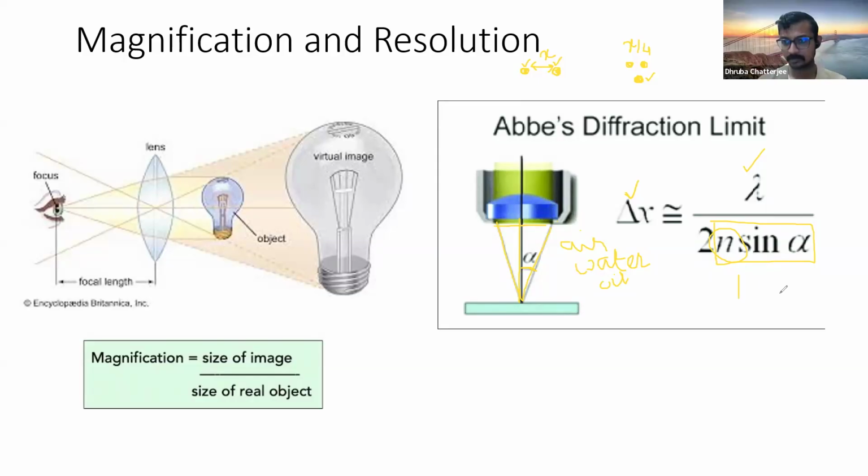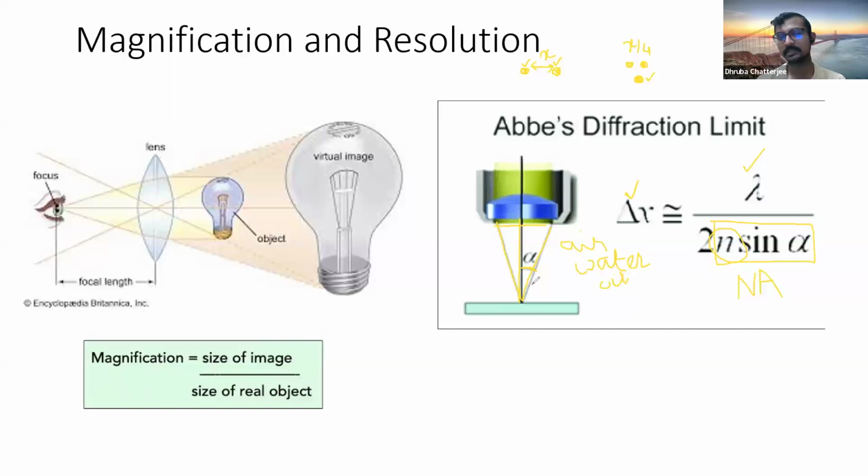This is together referred to as numerical aperture. So essentially, the resolution that is being achieved by a set of objective lenses is directly proportional to the wavelength that is being used and inversely proportional to the numerical aperture.